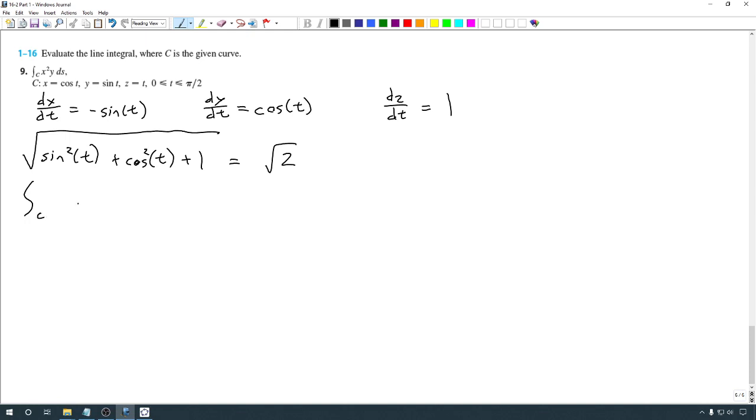So our integral of x squared y ds is going to be the integral from 0 to pi over 2. That's still the same. X is cosine t, that's squared. Y is sine t. Then we put in our square root, which is the square root of 2, and we have dt.